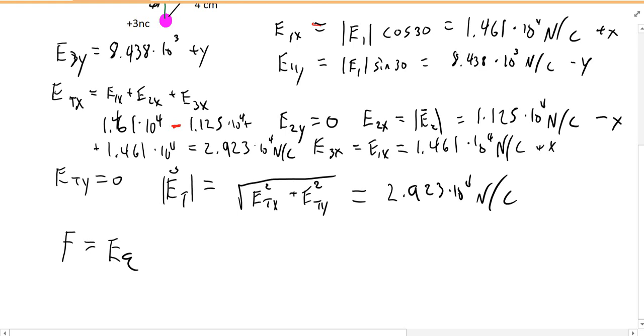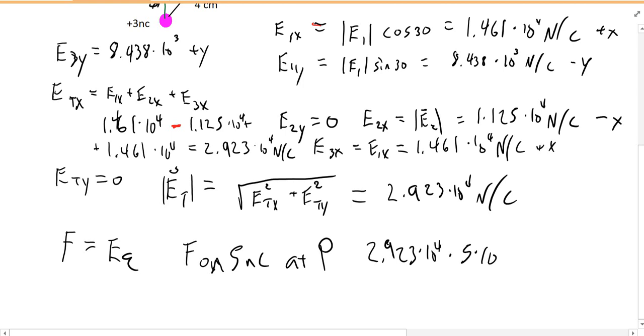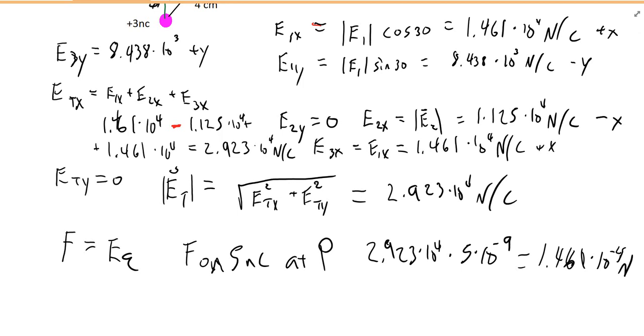So F on a 5 nanocoulomb charge at P would just be the electric field, 2.923 times 10 to the 4 times 5 times 10 to the minus 9, and that is 1.461 times 10 to the minus 4 newtons. So no reason to go through all of that math again. We already did it. All right, that is the problem.